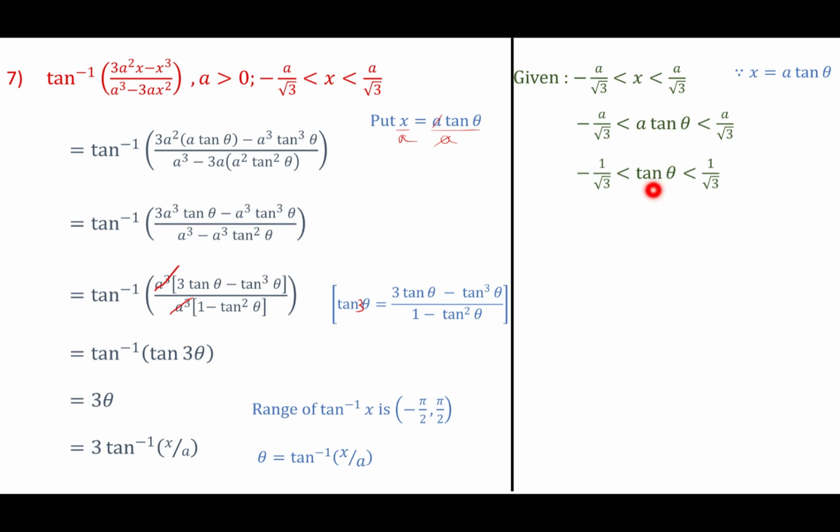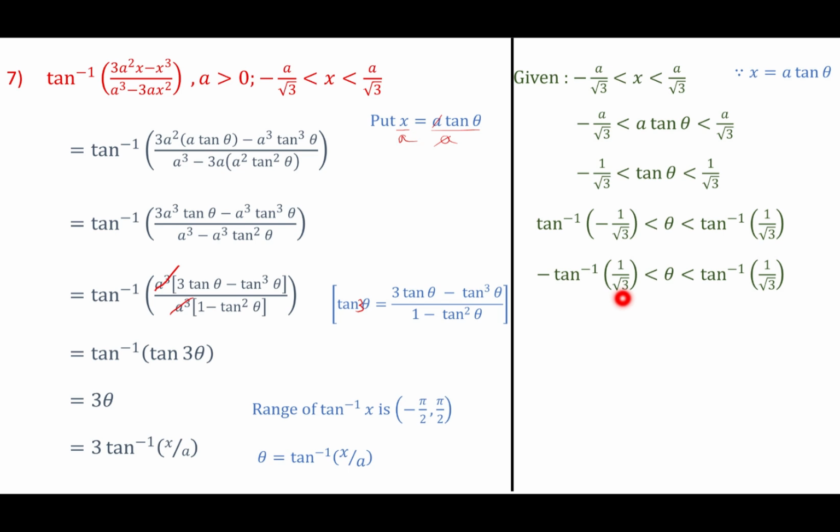I have to remove this tan, so apply tan inverse throughout the inequality. So it will be tan inverse of negative 1 over root 3, tan inverse of tan theta is theta, and tan inverse of 1 over root 3. We know that tan inverse of negative x is negative tan inverse x, and this part remains the same.